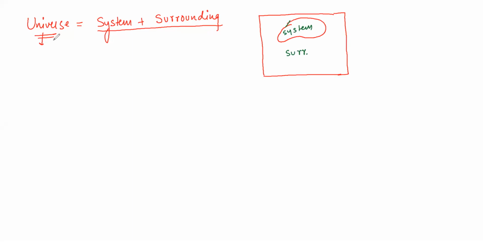So that thing is very important, and one thing is always remember, in universe, energy remains constant, right. So that is the one important thing which you always remember with respect to universe. Okay.